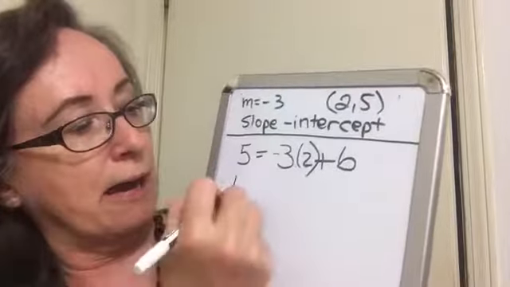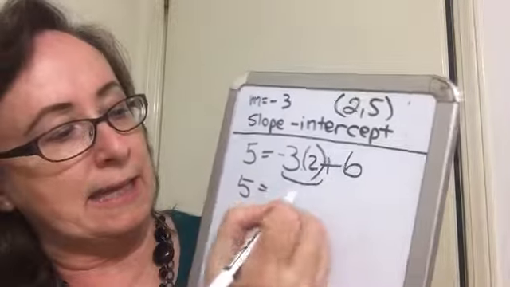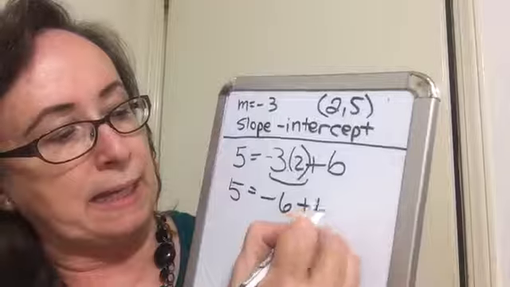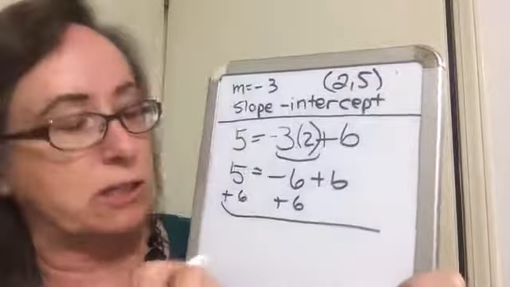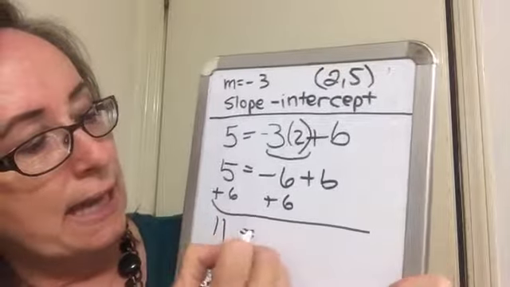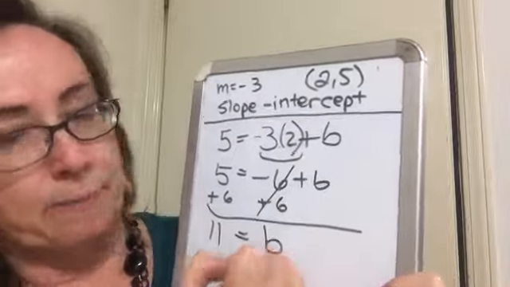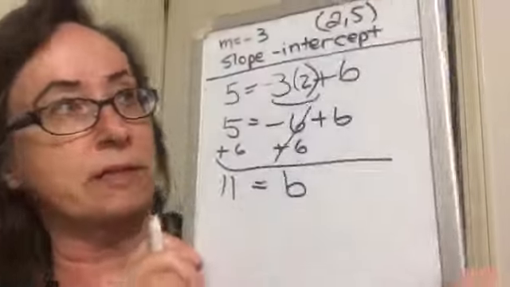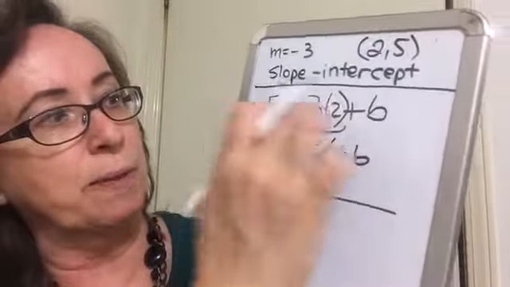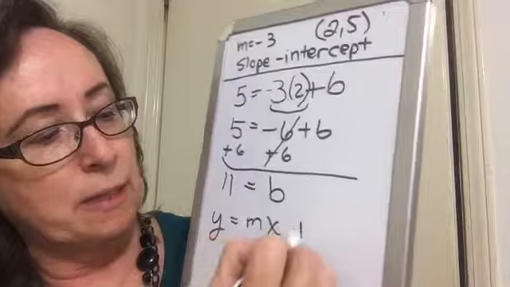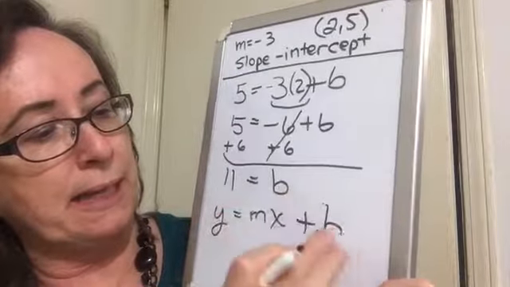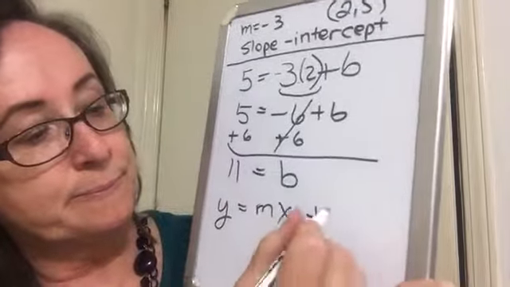And now I've got 5 is -6 plus b. Add a 6 to both sides of the equation, and I get 11 is b. So now all I have to do is put it into my slope-intercept form again. Y is mx plus b, but b is 11.